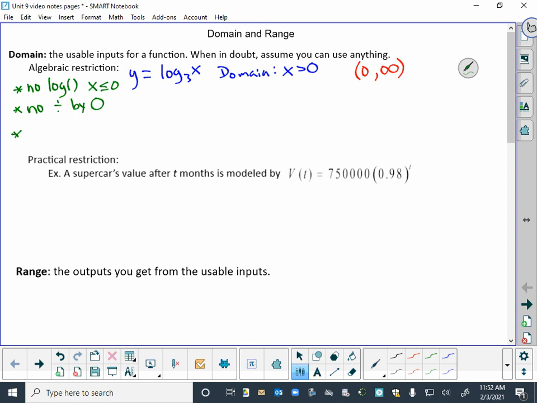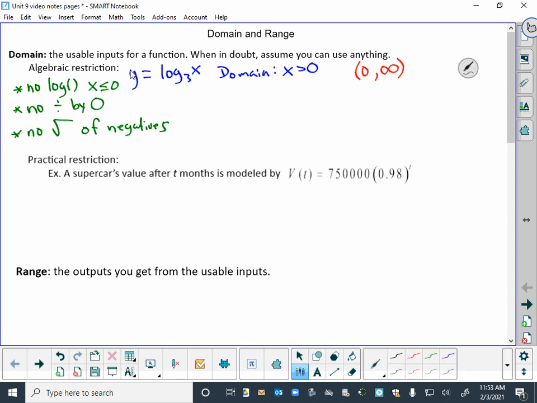And the other one that you're probably familiar with is no square root of negatives. So we can't take square roots of negative numbers. These are the primary ones that we're going to have to worry about. There may be other ones that creep up as we get deeper into math, but for now these are kind of the algebra 2 level ones that we can run into.